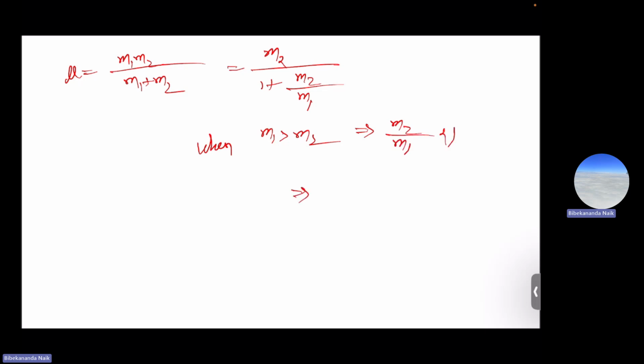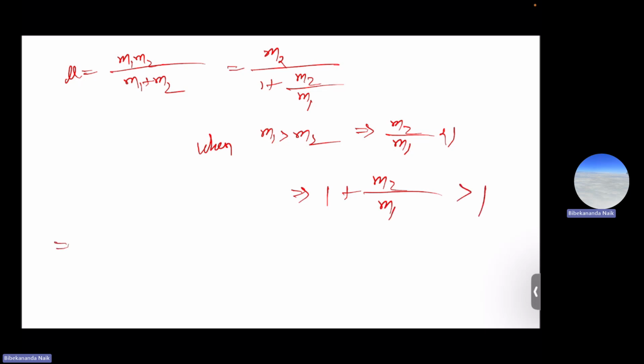If we divide the numerator and denominator by m1, it will be m2 divided by 1 plus m2 by m1. Since m1 is greater than m2, m2 by m1 is less than 1, but 1 plus m2 by m1 is greater than 1.